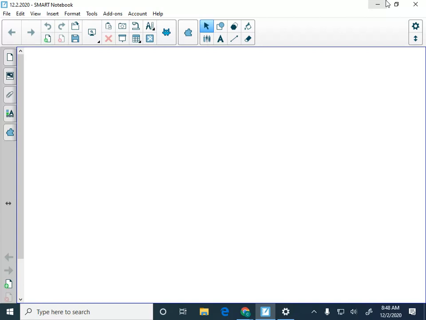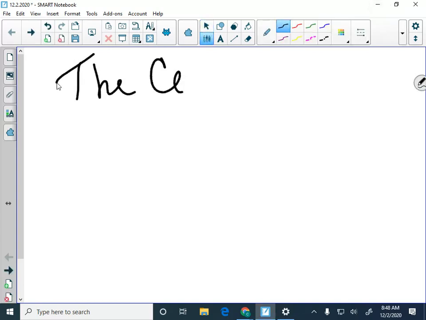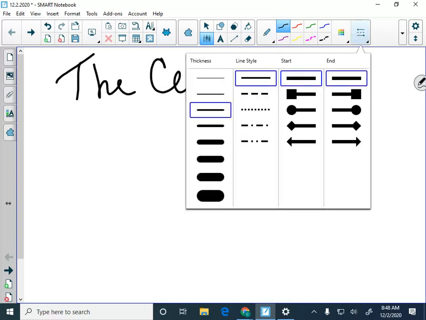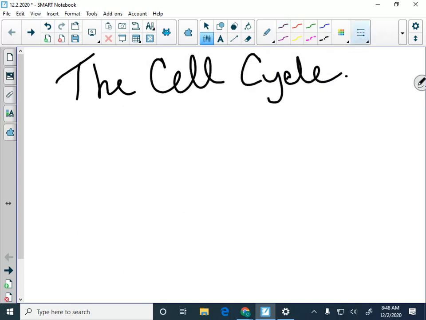But today we are talking about the cell cycle. So, just like any living thing has a life cycle, single celled organisms and the cells in our bodies also have a life cycle.